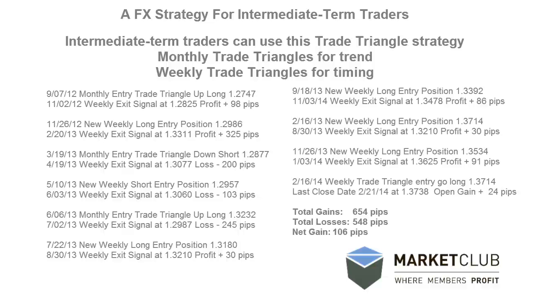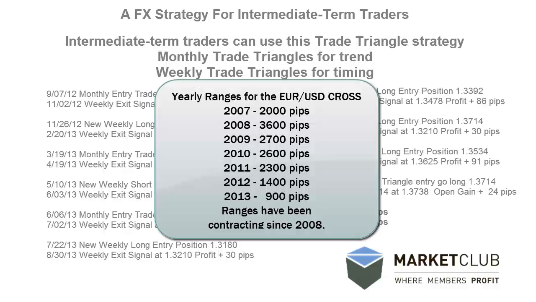Now, there has been something happening in the Forex markets that probably most people haven't been aware of or haven't even spoken about, and that is the contraction between the ranges in the Euro-USD cross. What I mean by that is that it's getting narrower and narrower. Let me give you a concrete example of how that works. In 2007, the range between the high and the low was 2,000 pips.